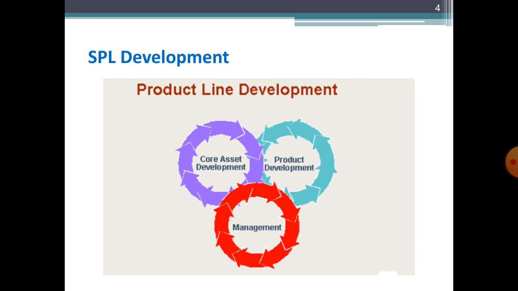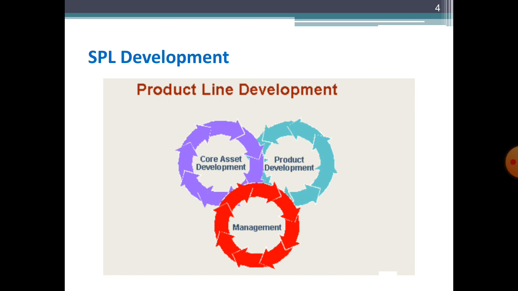So first we build the core asset development. Now from this core asset we build the product development. If our product is not fulfilling some functionality from the core asset, the organization will focus on providing new functions or adding some function in the core asset, or it will go with the existing function, or the quality enhancement will also be modified by the existing organization as well.